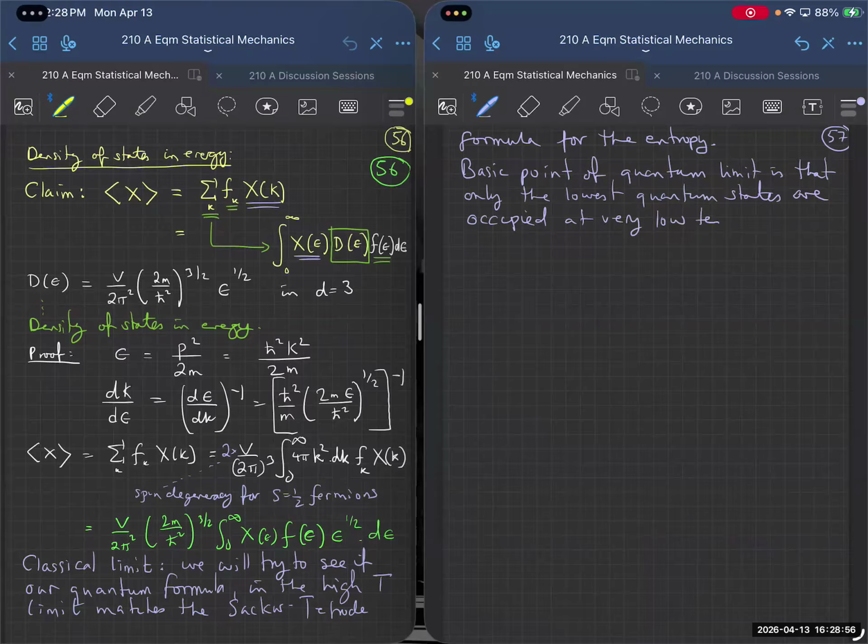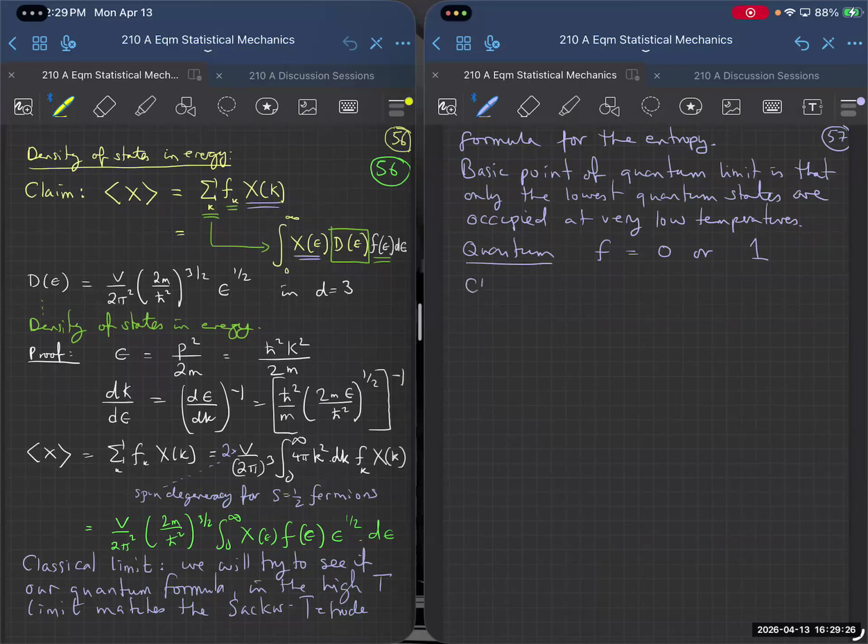And in fact, later we will see that what we mean is that we're talking about temperatures below the Fermi degeneracy temperature, which for many metals is say order 1,000 degrees or something like this. So then in the quantum limit, F is basically either 0 or 1, and virtually nothing in between. That's true very close to absolute zero.